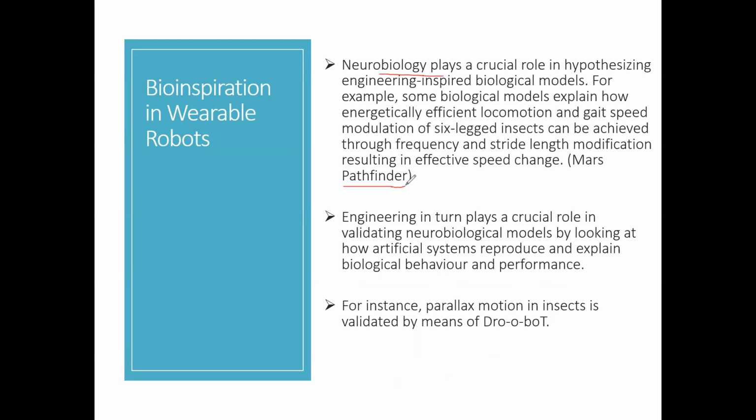There were anticipations that the surface on Mars was not going to be smooth and would be quite challenging. So the Mars Pathfinder's design had to be something that could easily move around and explore better. The design of this rover was inspired by a six-legged insect, and that was a very interesting example.